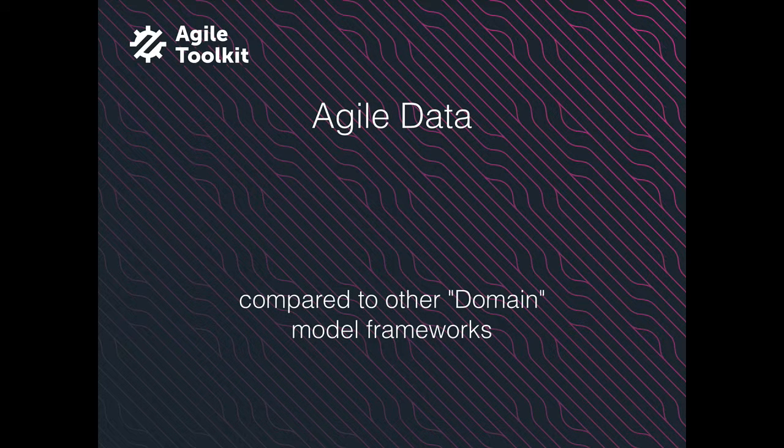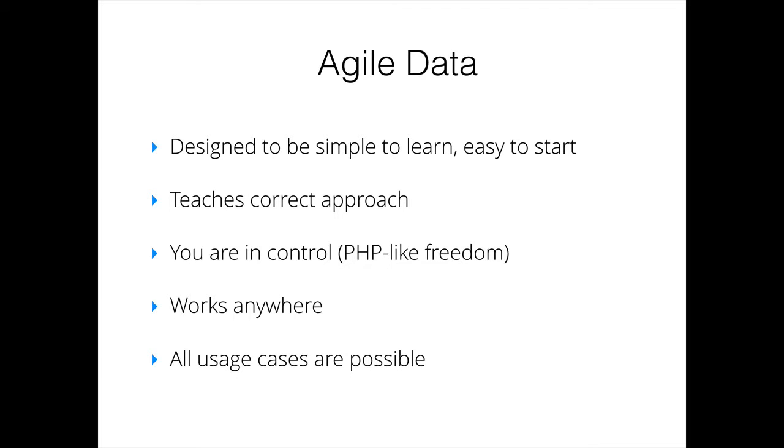And Agile Data introduces a new way to implement this three-layer approach in your application, but in a better way. A couple of key values, or key design goals of Agile Data, is to be simple.